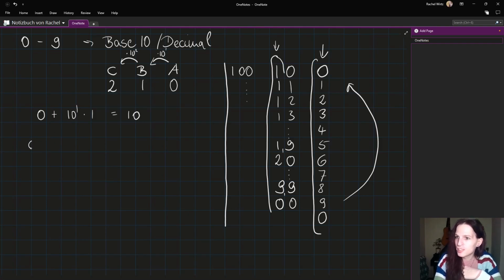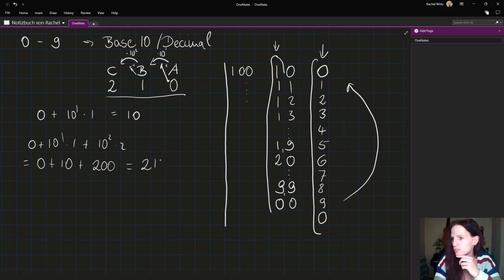So I have 0 plus 10 to the power of 1 times 1 plus 10 to the power of 2 times 2. And this will be 0 plus 10 plus 200, and we can see we have 210.